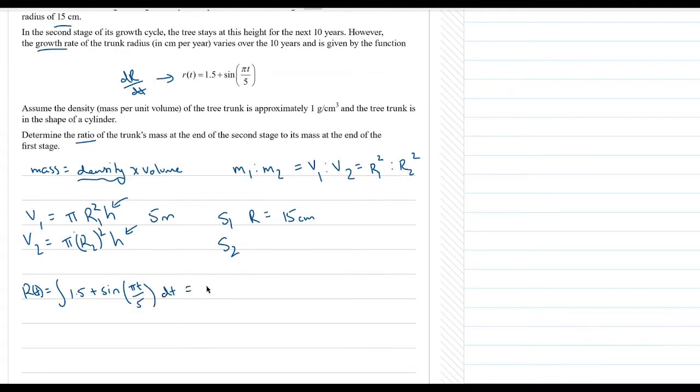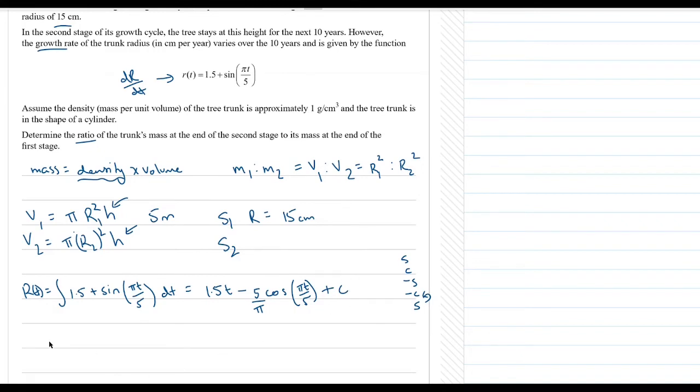And that's going to be 1.5t, and sine integrates to negative cos. So I have negative cos(πt/5), and we're also going to divide by what's in the bracket. So remember, when you divide by a fraction, it's the same as flipping over the fraction. Plus c.